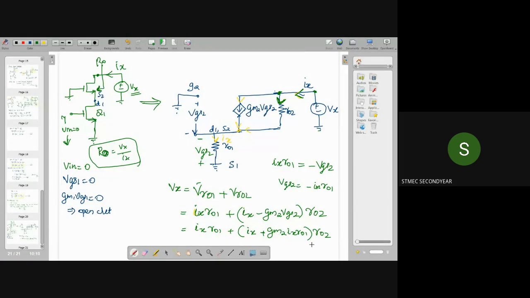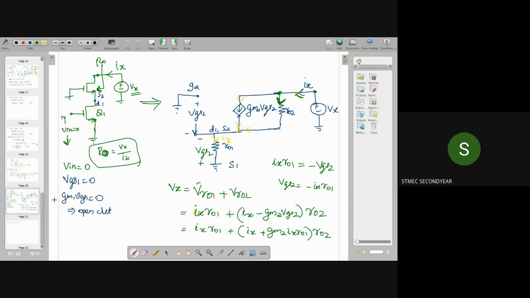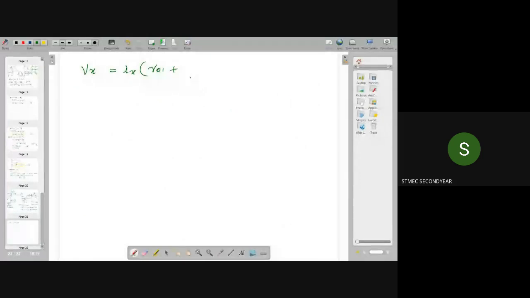Now, in this expression, you can take Ix outside from all the terms on the RHS, so that we will get Vx equal to what? I can take Ix outside. In the first term, there will be R01. In the second term, Ix into R02 is there, so while taking Ix outside, there will be R02.